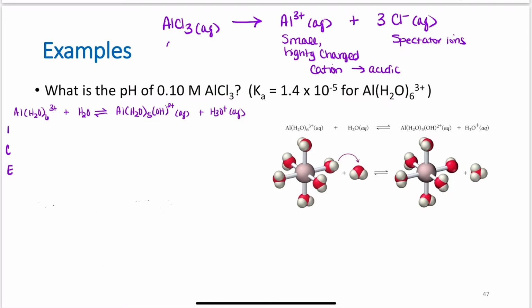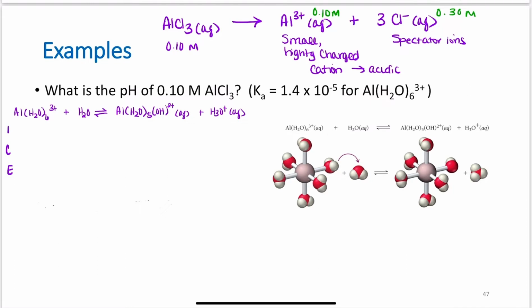Originally, I had a 0.1 molar AlCl3 solution. Because it's a strong electrolyte, that means I had 0.1 molar Al3+ and 0.1 molar Cl-, or actually that would technically be 0.3 molar because there are 3 chloride ions.